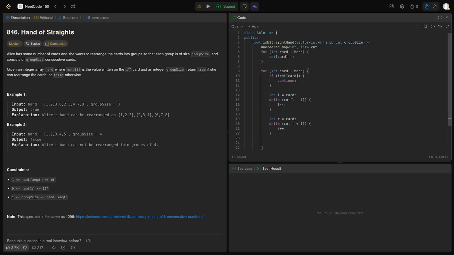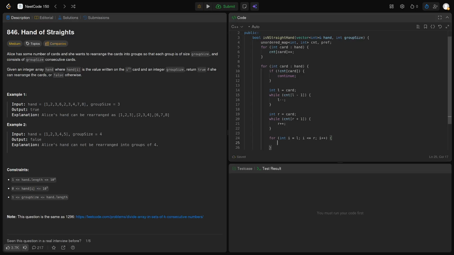Great, so now we got the range, and now we want to do this. We need to have some sort of a prefix count. Then we do for int i is l, i less than r, i plus plus.